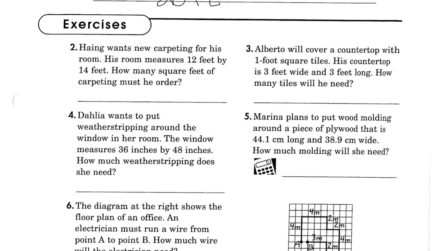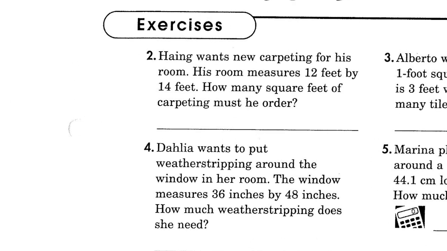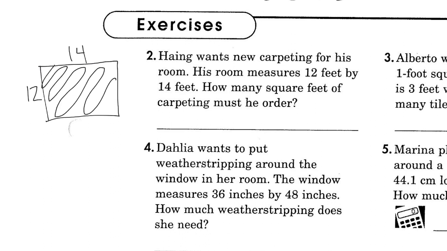On problem number 2, Hang wants new carpeting for his room. His room measures 12 feet by 14 feet. How many square feet of carpeting must he order? Well, if I draw my diagram, here's his room. This side is 14 feet. This side is 12 feet. Now, he wants to do carpeting, which is going to fill the room.